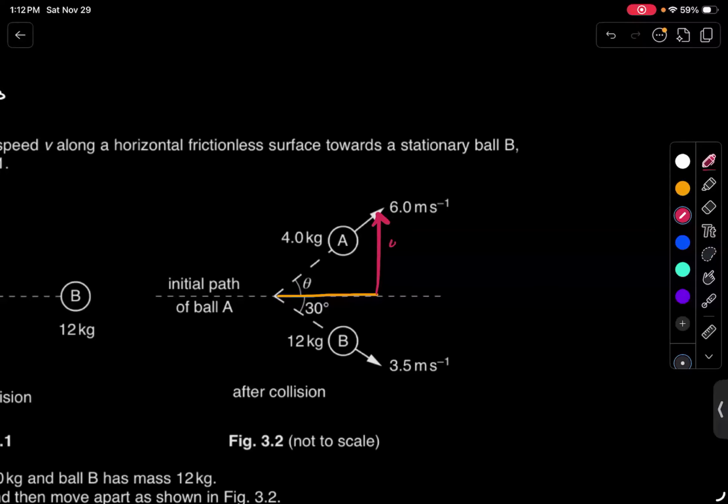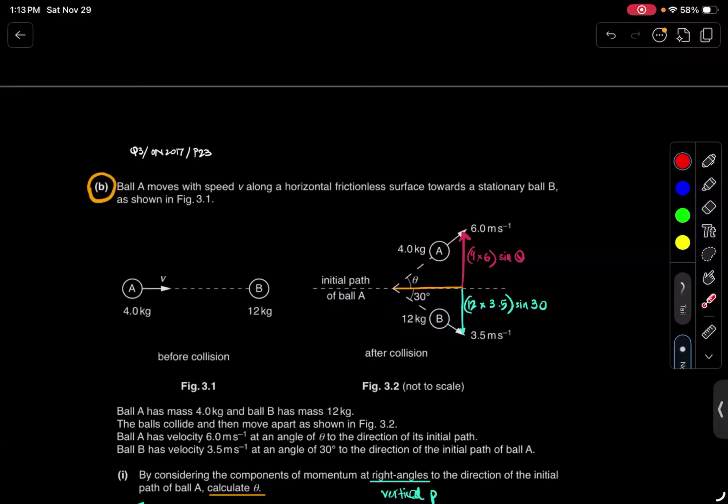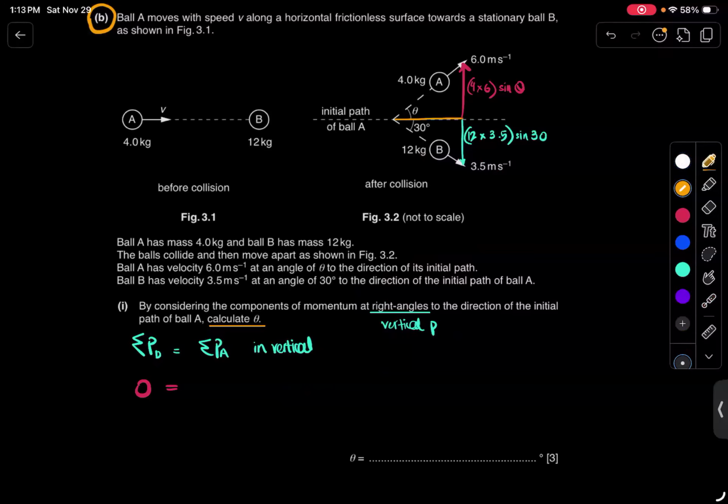Isn't that going to be 4 times 6 sine theta? This is the vertical momentum of ball A. And what is going to be the vertical velocity of ball B? You see that it's going downwards. So it's going to have a vertical momentum of 12 into 3.5 sine 30. Now, what is the total vertical momentum?